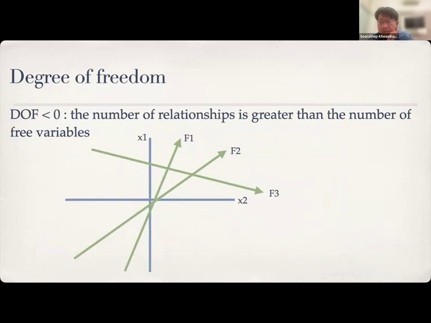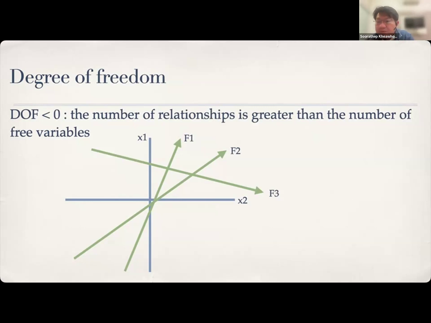Once you formulate the optimization problem, you have to check the degree of freedom. The physical meaning of degree of freedom is how many independent decision variables you can freely adjust.